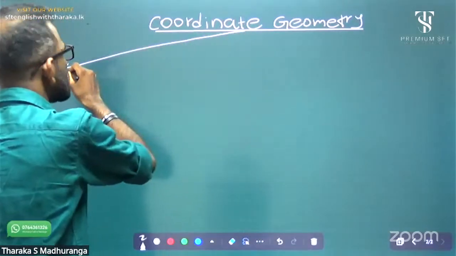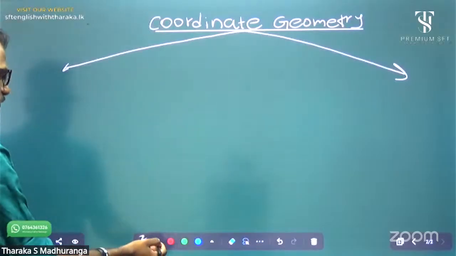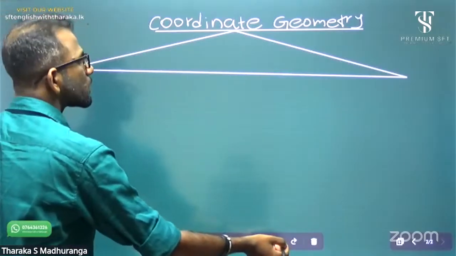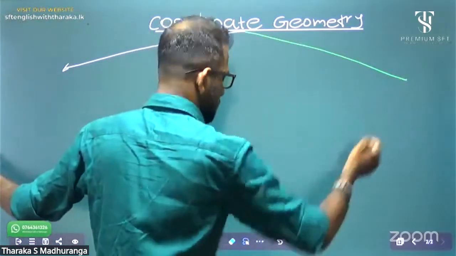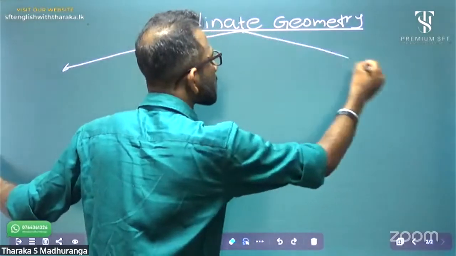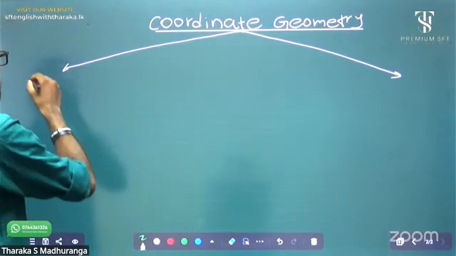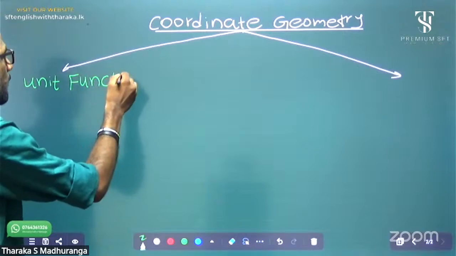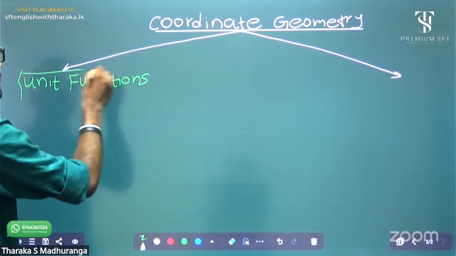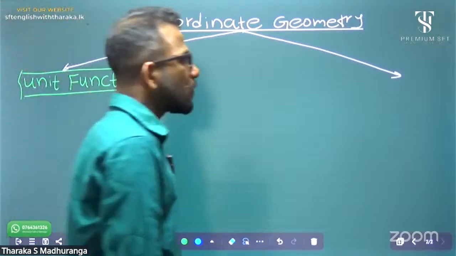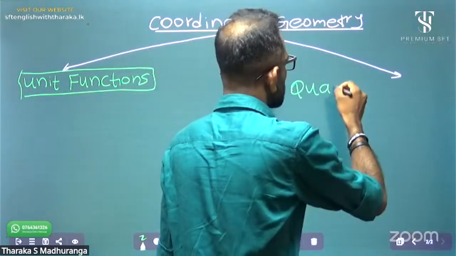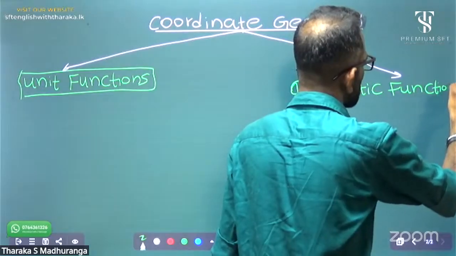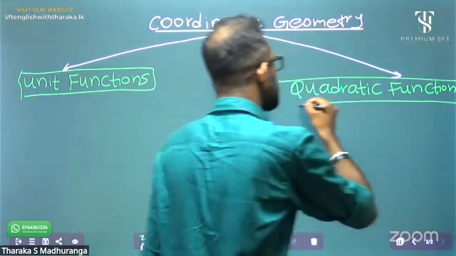Okay, what are the types? Unit functions and quadratic functions.